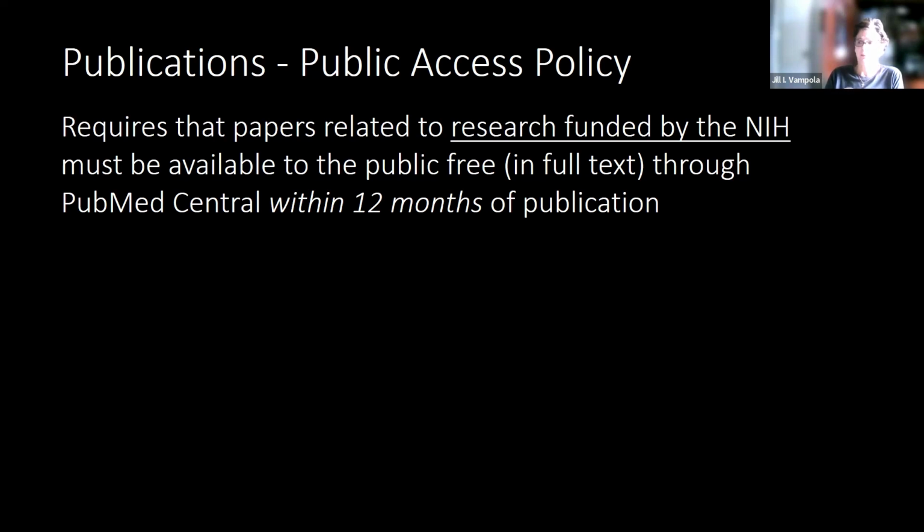So this is important to understand that all the publications we're talking about today are NIH funded, right? So because they're being attached in the RPPR. So it's important that you adhere to this policy because it can get them in PubMed Central within 12 months.